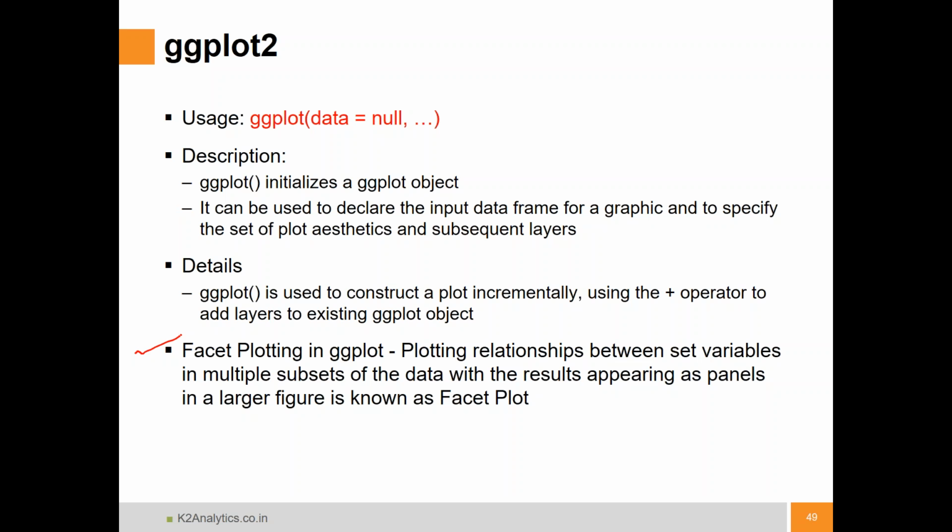I want to know how is the bank balance of my customers, but I would also like to know the bank balance by type of account. How is the bank balance of current account customers and how is the distribution of savings account customers. This is called faceting, when you want to see the same information but for different categories. So ggplot helps you do that faceting also.